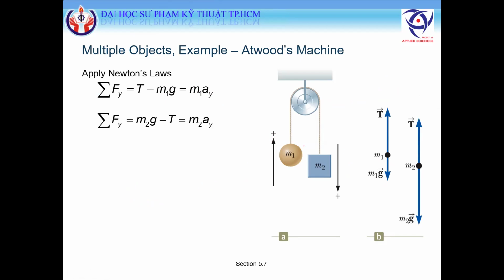For M2, M2G minus T equal to M2AY. Then you solve for AY. This is my hint.